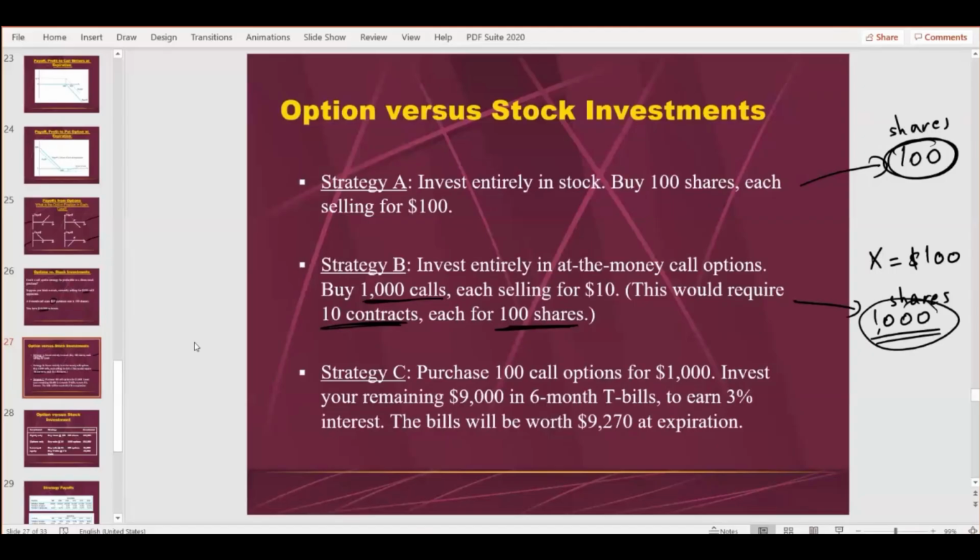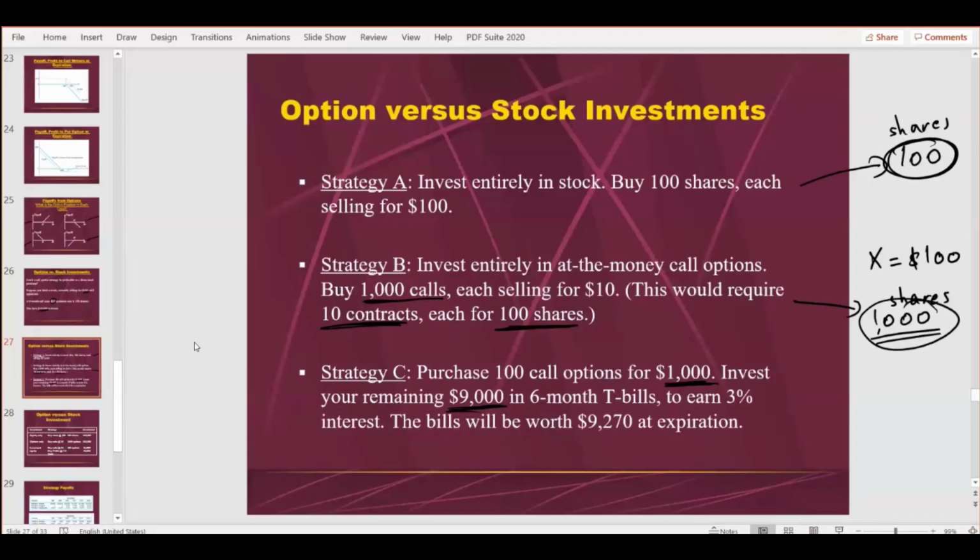Finally, I have strategy C, where I only buy one contract. This means I have the right to buy 100 shares for a price of $100 each. The price of the contract is $1,000, and in this case I will invest the remaining $9,000 in 6 months treasury bills. This means I will be earning the risk-free rate over this 6 months period.